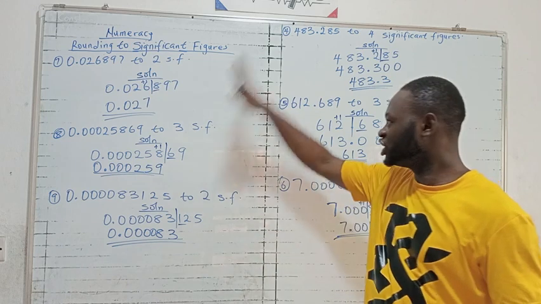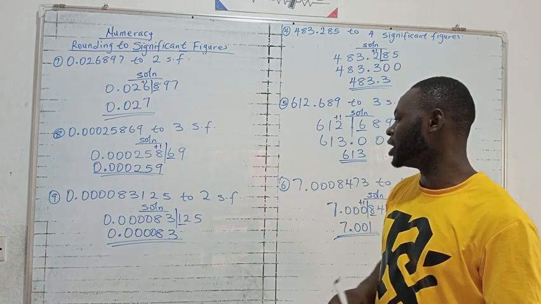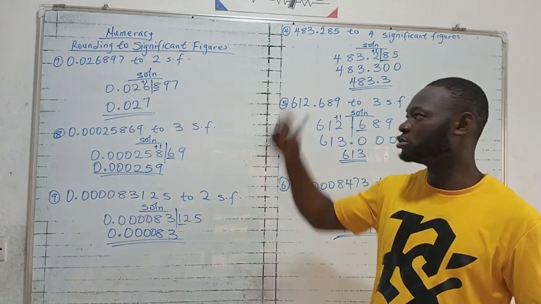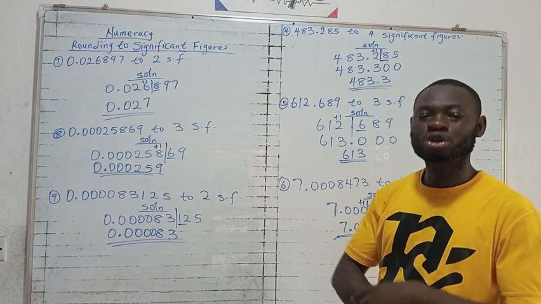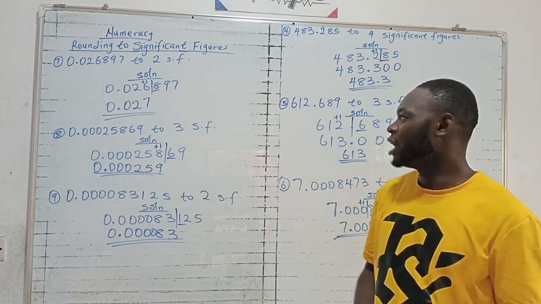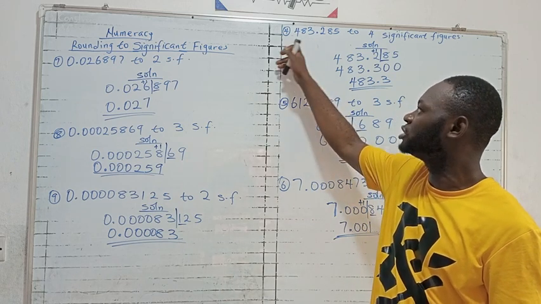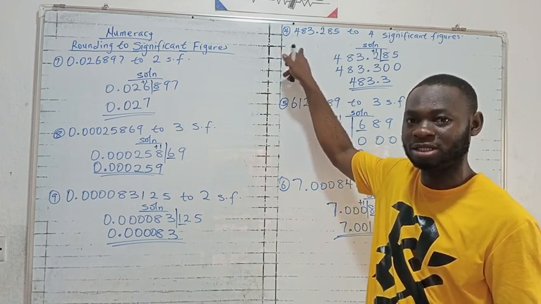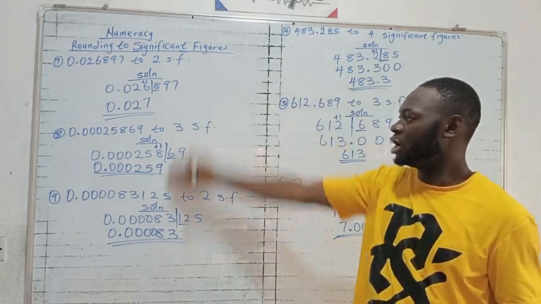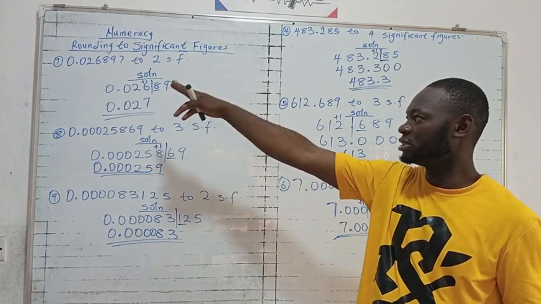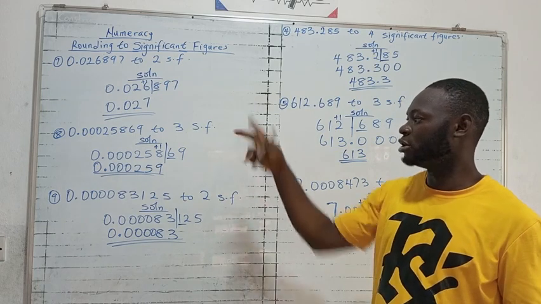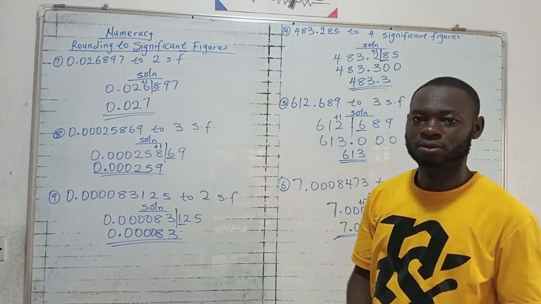I've shown you how to round whole numbers to significant figures, no matter the number of significant figures we want. I've shown you how to round decimal numbers whose whole number part is non-zero digits, and how to round decimal numbers starting with 0 point whatever, where the whole number part is just 0.